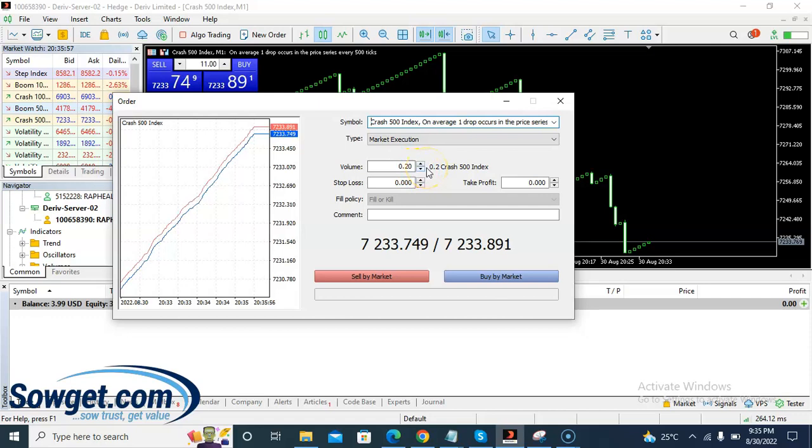No matter your equity or your balance, the lot size that you can use on the platform for derivatives is between 0.2 to 50. So 0.2 is 20 cents per pip, or 20 cents per change in the price movement. So that's the minimum. Then the maximum is 50. So you must take that into serious consideration.